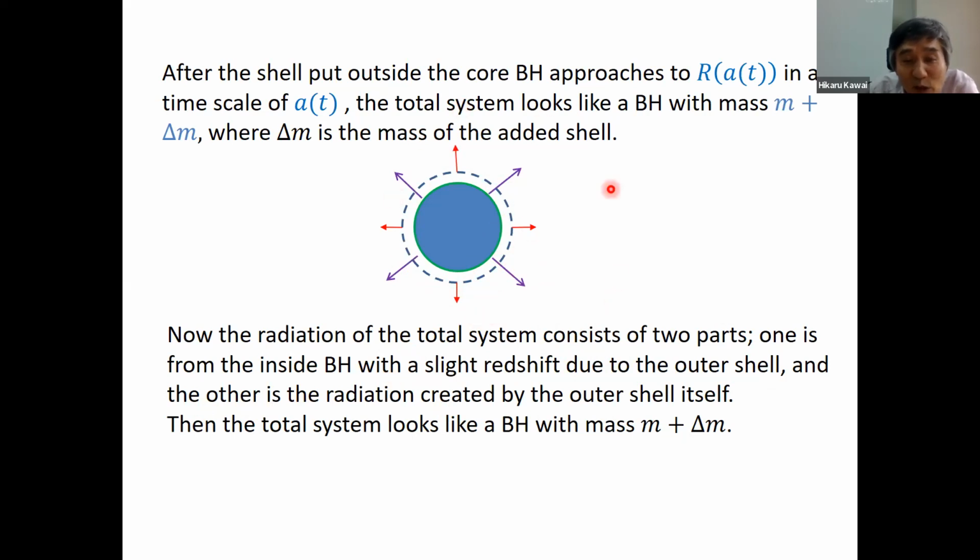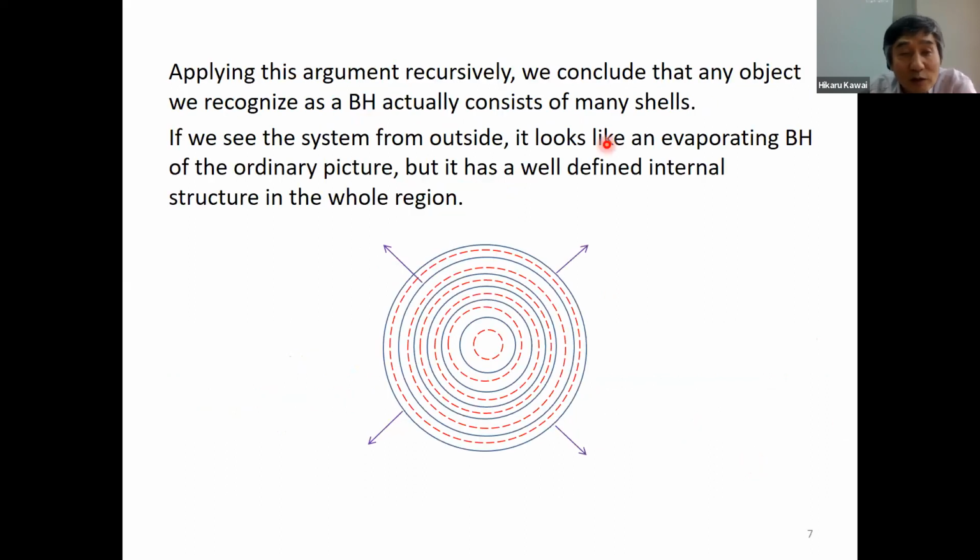Then the total system looks like a black hole with mass m plus delta m. So applying this argument recursively, we conclude that any object we recognize as a black hole actually consists of many shells. And if we see the system from outside, it looks like an evaporating black hole of the ordinary picture. But it has a well-defined internal structure in the whole region. So this is the basic picture.